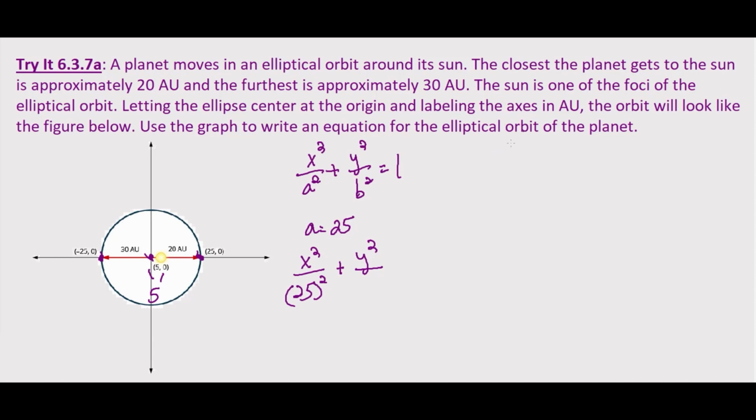And we have the relationship b squared equals a squared minus c squared. So b squared equals, we know a is 25, so 25 squared minus c is 5 squared. So b squared, 25 squared minus 5 squared is 600.